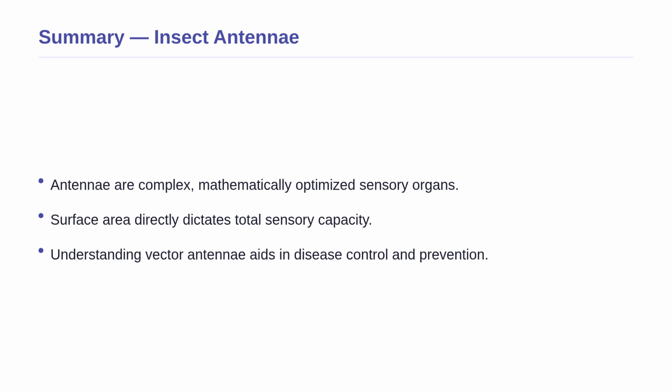Second, we learned that the physical shape, particularly the surface area, directly dictates the insect's total sensory capacity, as proven by our calculations comparing filiform and plumose types. Finally, and most importantly for human health, understanding these structures in disease vectors like mosquitoes empowers us to develop better strategies to control their populations and prevent the spread of deadly diseases. You now have a solid foundation in both the biology and mathematics of insect antennae.